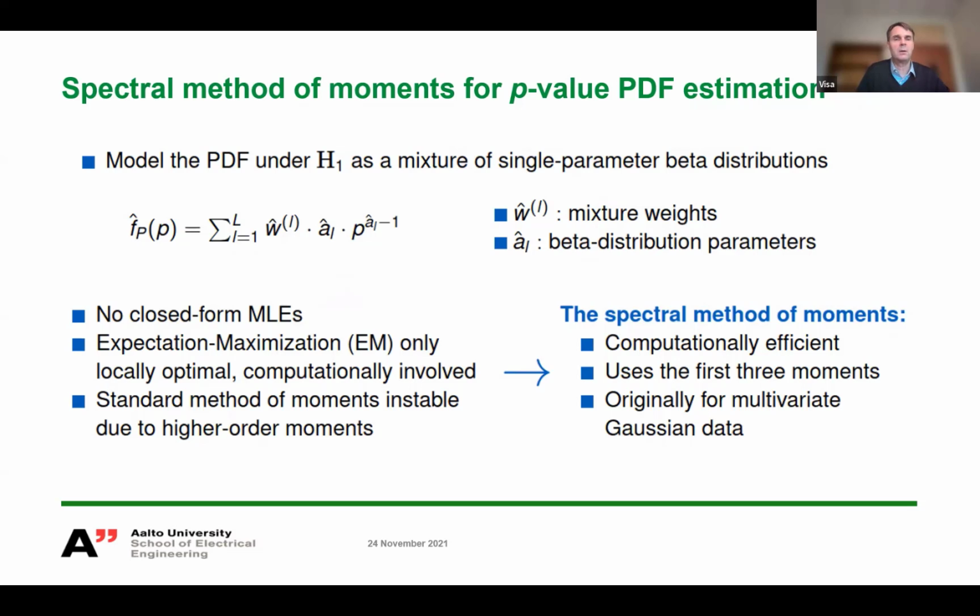And then, of course, there are a lot of tricks to deal with that issue with expectation maximization. But this spectral method of moments is a technique that is computationally very efficient and uses only the first 3 moments. It's originally used for multivariate Gaussian data, but we are using it for this beta mixture model.